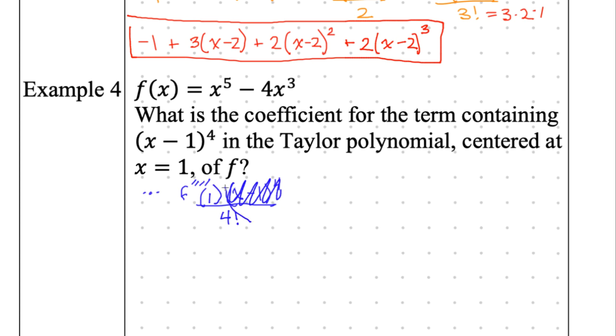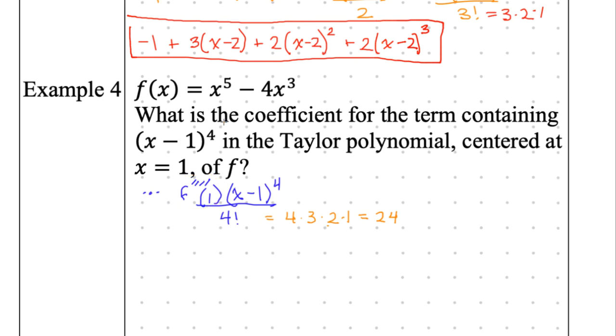I just care about what number is that, because that's going to be the coefficient. So 4 factorial, that's pretty straightforward. This denominator right here is going to be 4 times 3 times 2 times 1. 4 times 3 is 12. 12 times 2 is 24. So the denominator here is 24, and then we just have to figure out this 4th derivative.